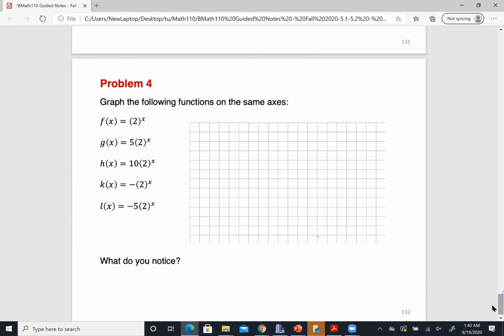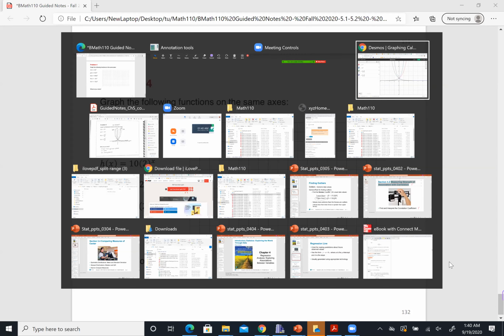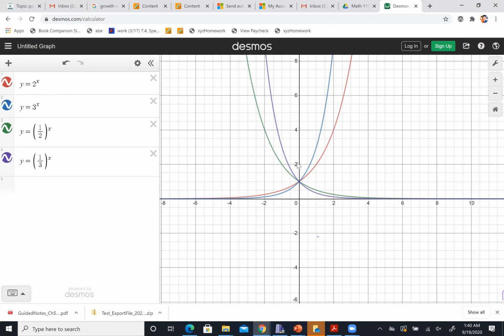Now I have problem number 4. You can use the same method, but let's use Desmos again.